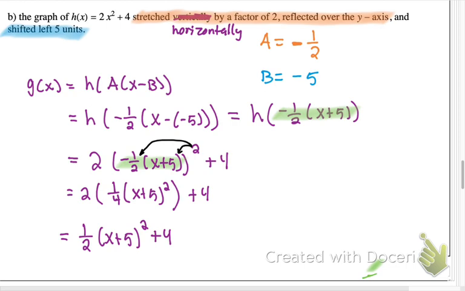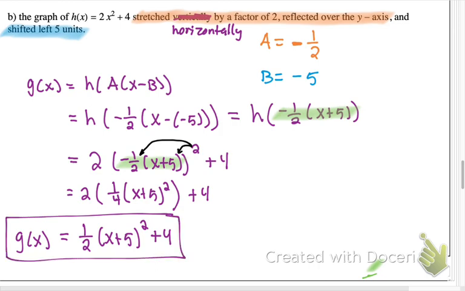This is a useful form of the function. It's actually an incredibly useful form in that this form gives you important information about the graph, which we'll talk more about when we talk about quadratic functions in a later section.